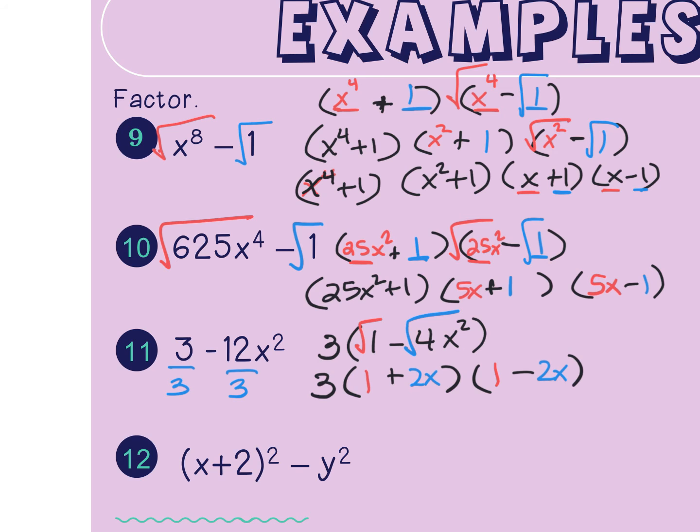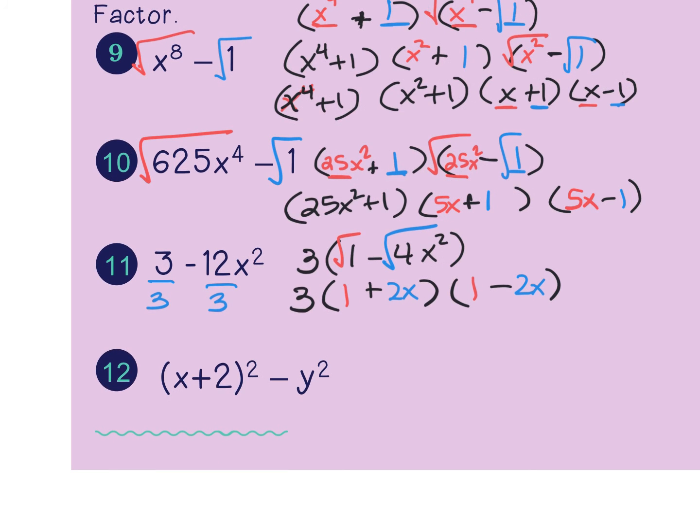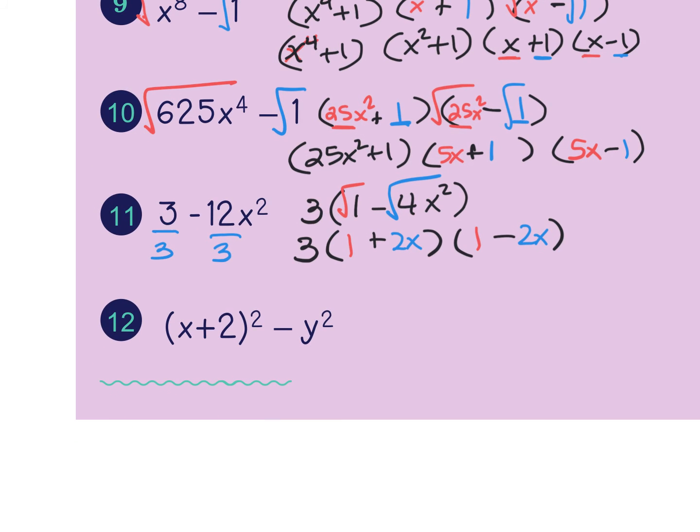Number 12 looks a little strange. Next one is also still the difference of two perfect squares. So again, let's set up our binomials. So the first one, I'm going to square root the first term. Whenever you have a binomial being squared, to square root it, it just cancels it.